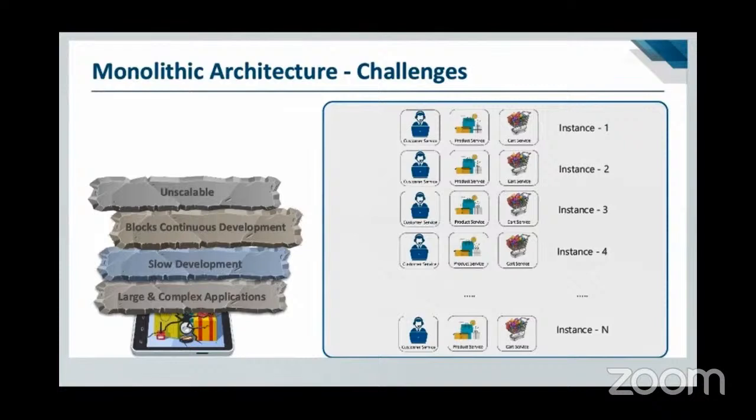The next challenge with monolithic architecture is unscalability. Now, what is scaling? We know that websites serve traffic, but there are cases like Amazon Big Billion Day, right? You have an increase of traffic. Okay, in this web page, you can see a sample e-commerce website.